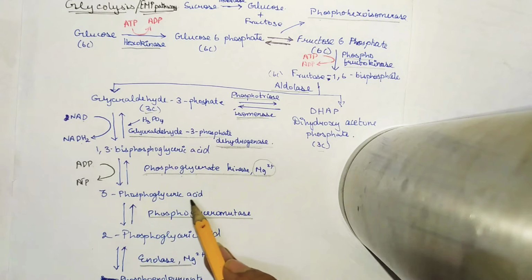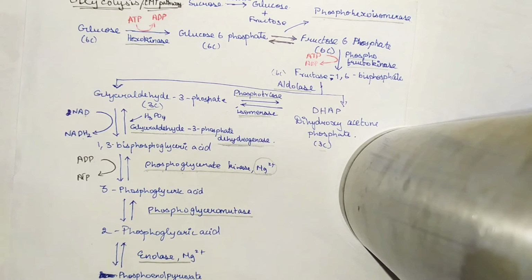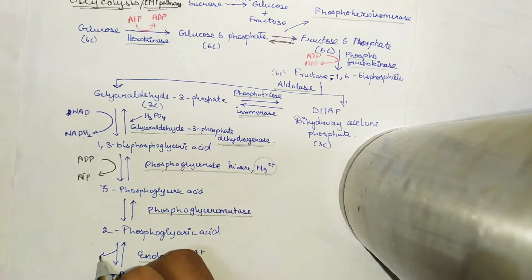Now this 3-phosphoglyceric acid gets converted to 2-phosphoglyceric acid by the help of the enzyme phosphoglyceromutase, right? And this 2-phosphoglyceric acid gets converted to phosphoenol pyruvate, and the enzyme involved is enolase. Enolase is again Mg2+ dependent. And by this process there is a loss of water.